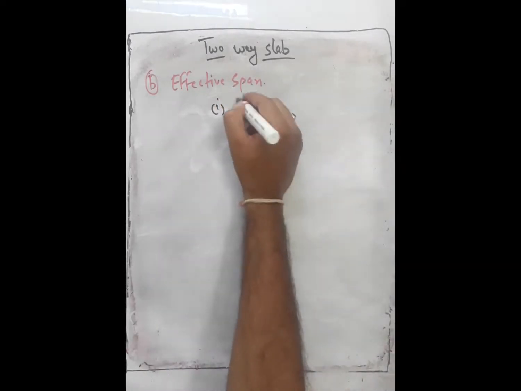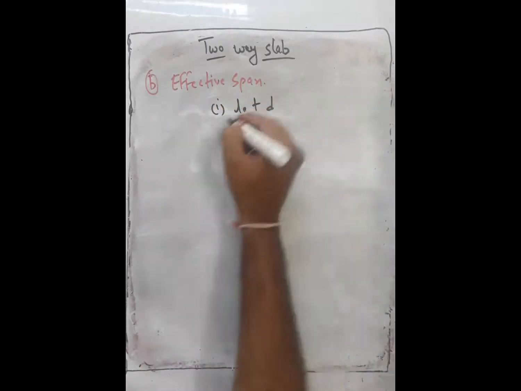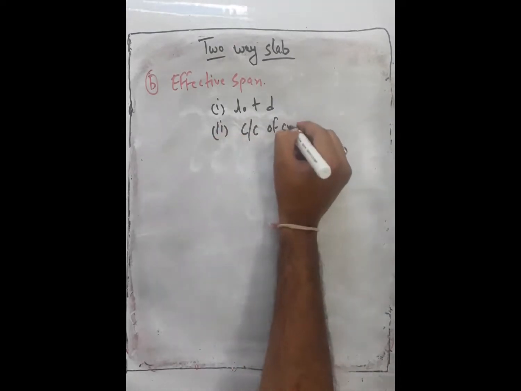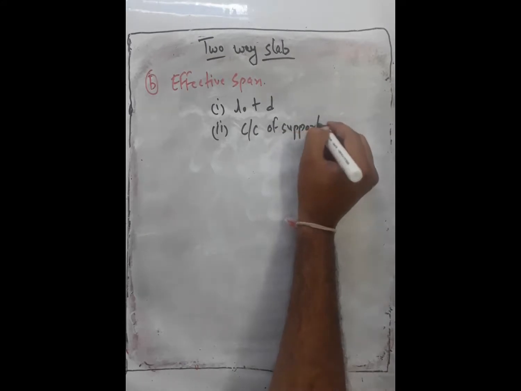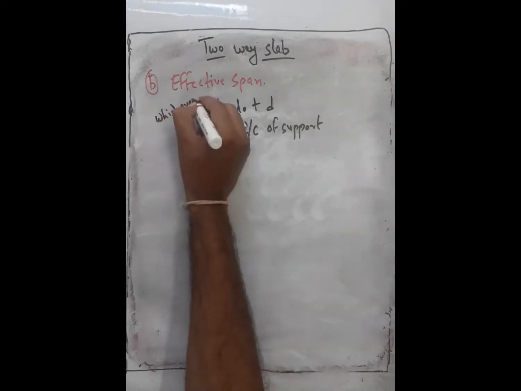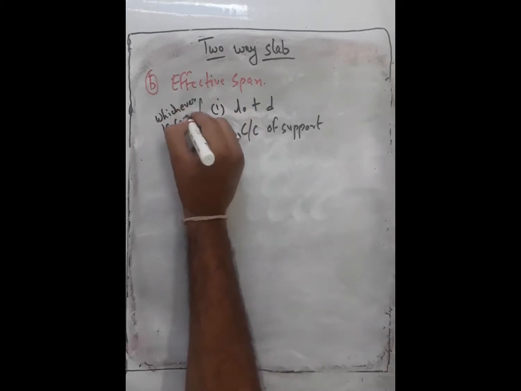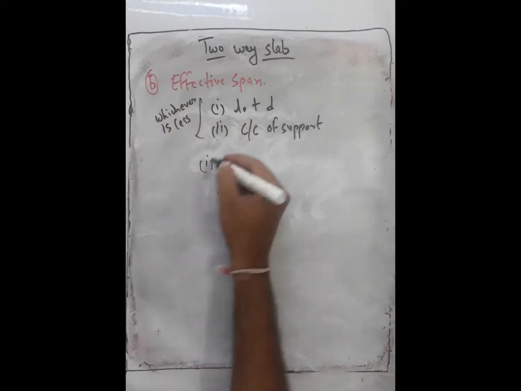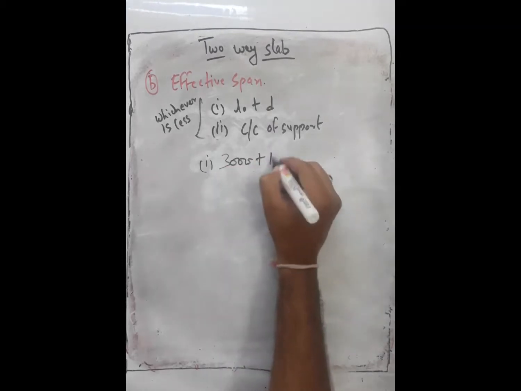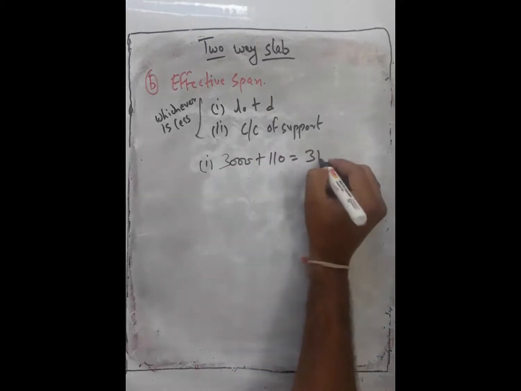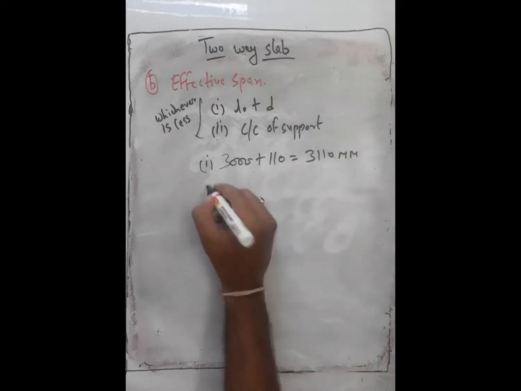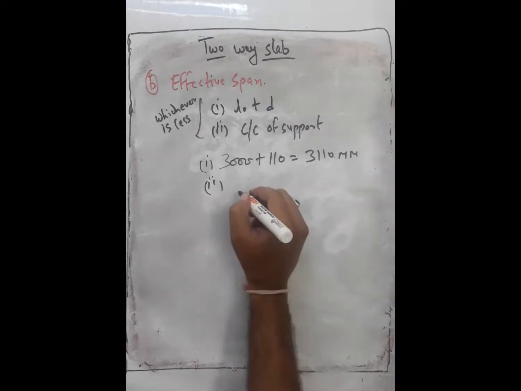First is L naught plus d, and second is center to center of support, whichever is less. Okay, so first L naught we have given 3000 and small d we found 110. So here we get 3110 mm, and the second one is center to center of support.